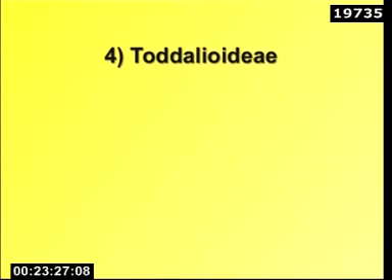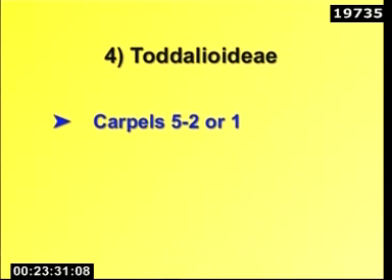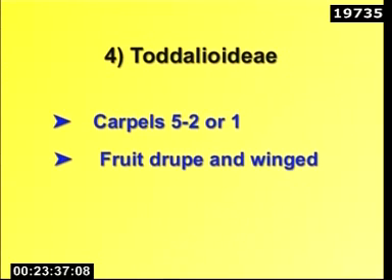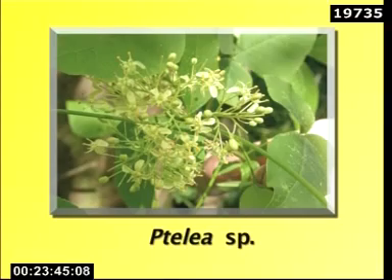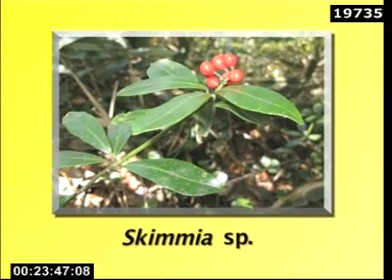Fourth subfamily is the Toddalioideae, in which the carpels are 5 to 2 or 1, each with 1 or 2 ovules. Fruit is a drupe or sometimes dry and winged, as represented by Toddalia, Dahlia and Skimmia.